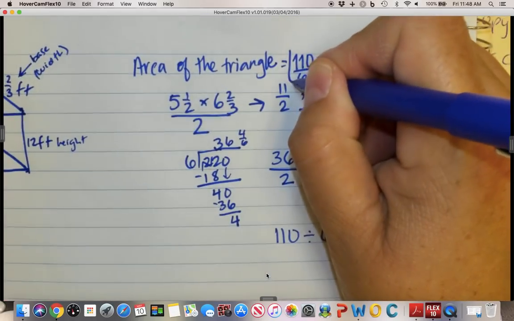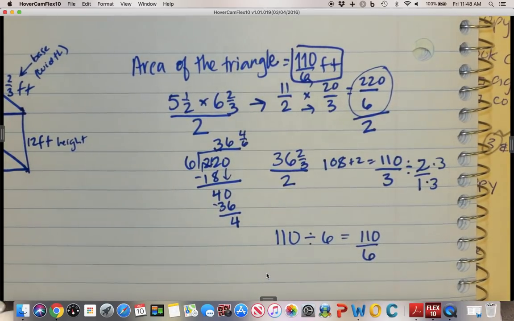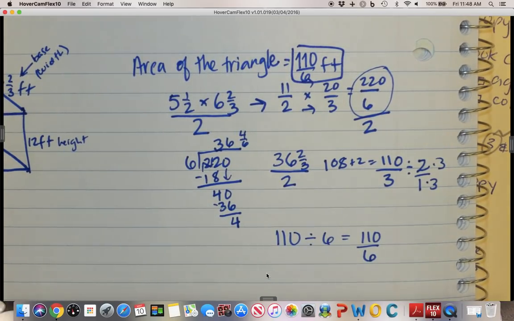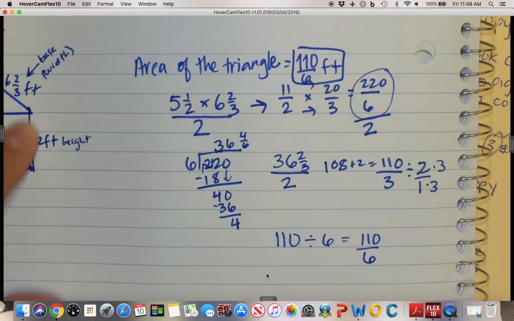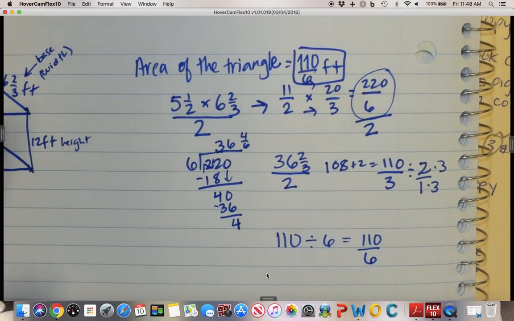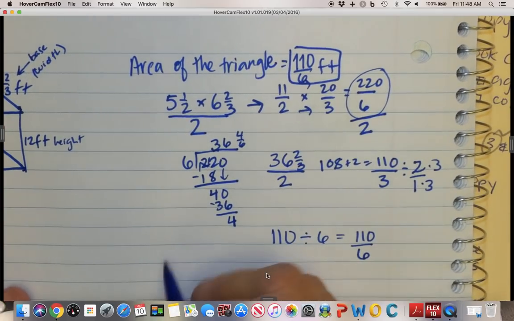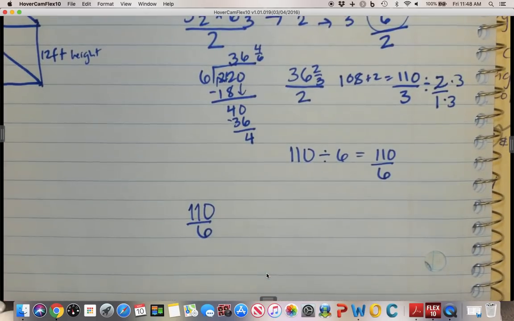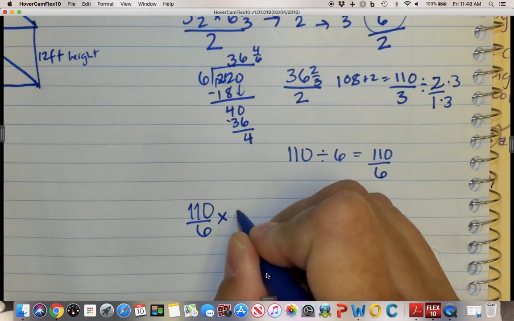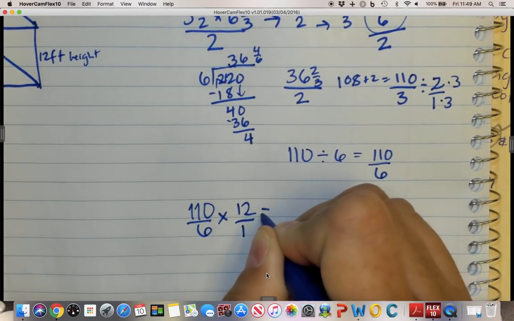Okay, the area of the triangle. Now that we have the area of the triangle, again, I'm waiting to simplify it until the very end because we still have to multiply it by the height of the whole figure. So I'm going to take 110 over 6 and multiply it by 12 over 1.